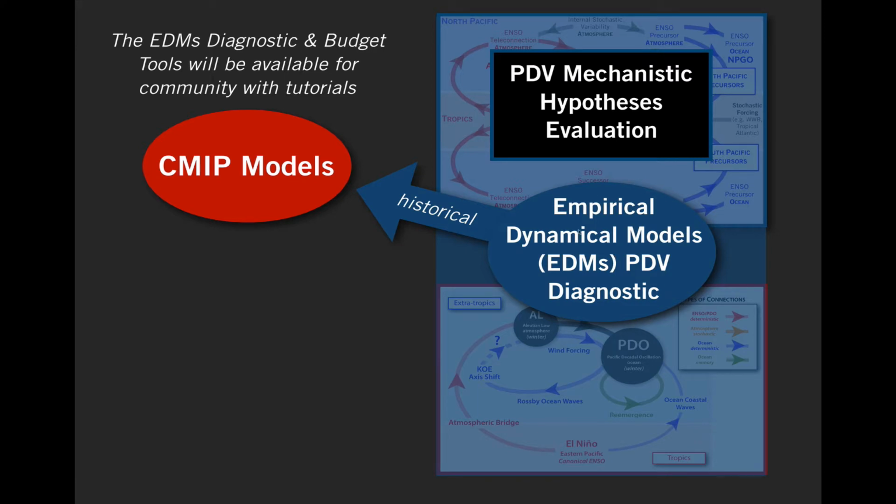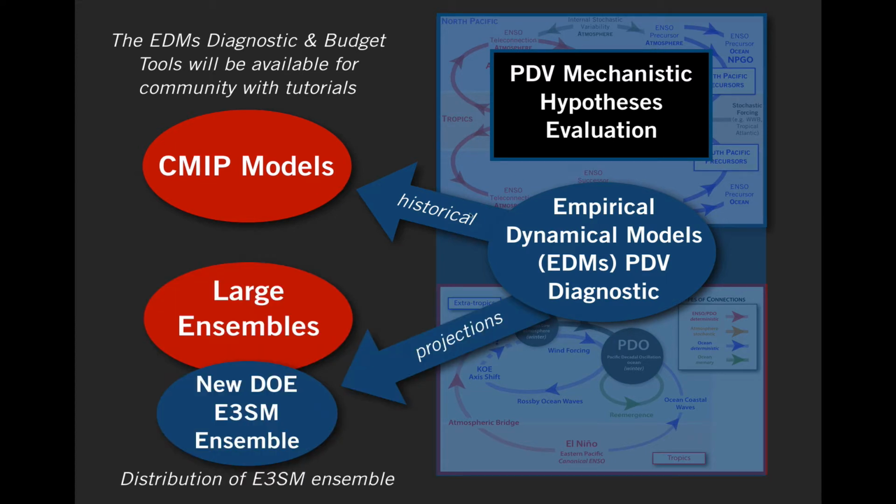Going back to this framework, in addition to the CMIP models, we will also want to evaluate how these mechanisms change under climate change or under anthropogenic forcing. And to do that, we're going to rely on large ensembles, which allow us to robustly diagnose if these mechanisms are really changing. It's hard to do it in single runs.